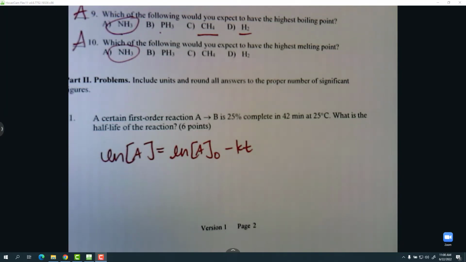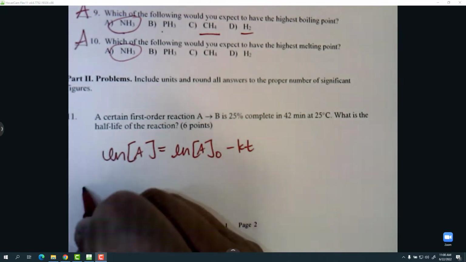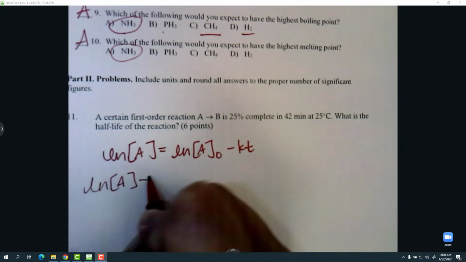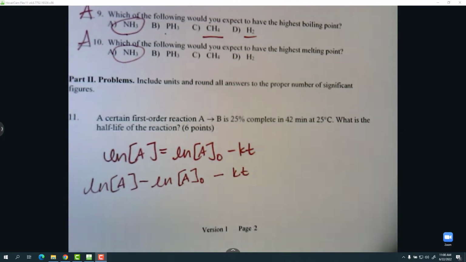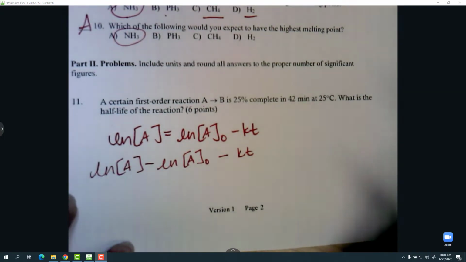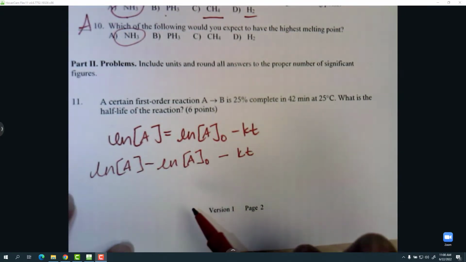And I can figure out K in this case. Maybe I want to write it a little bit differently so I can group the natural log stuff over. And then I can combine these.